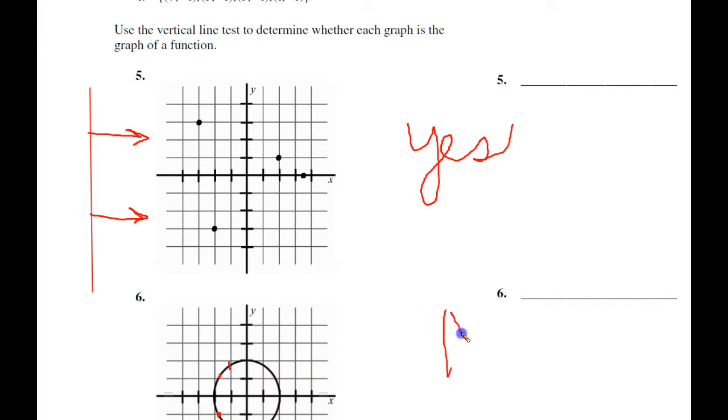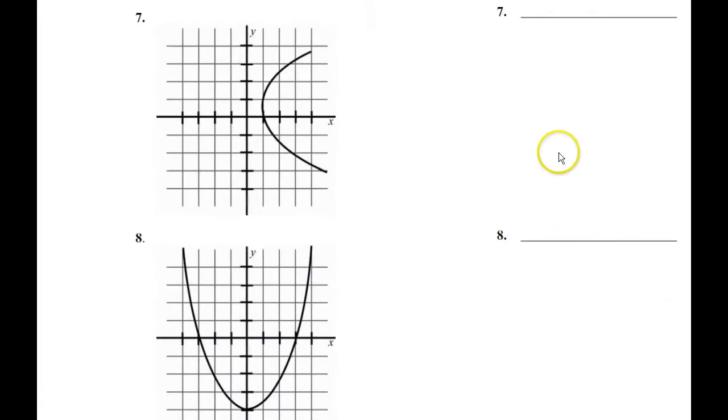So this is not a function. And what do you think about 7? Would it pass the vertical line test? Well, no, it's intersecting there and there, so this is not a function.